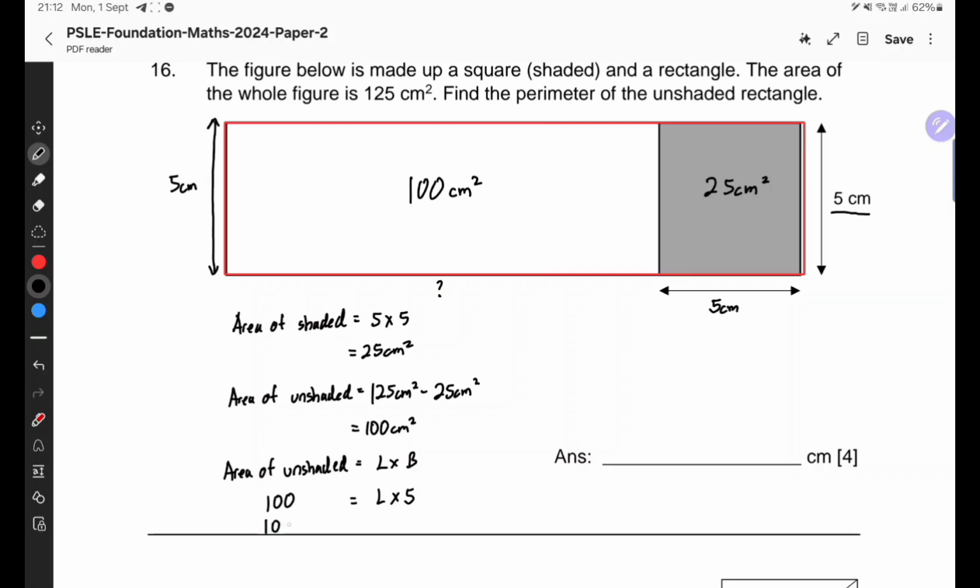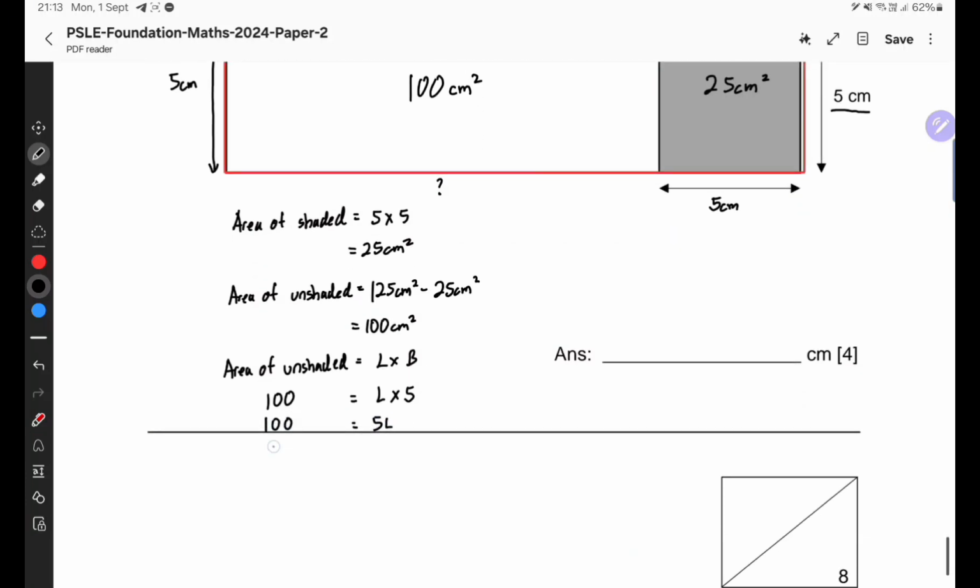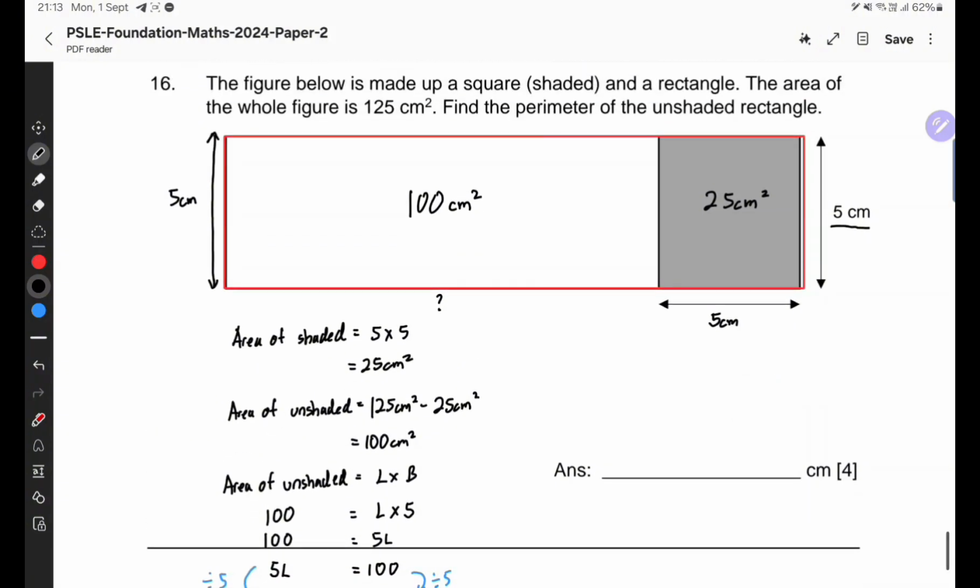Okay, so 100 is equal to 5L. So we want to turn it around. 5L is equal to 100. 1L will be equal to 100 divided by 5. 100 divided by 5 will give us 20. So that means the length of this unshaded area is 20 centimeter.